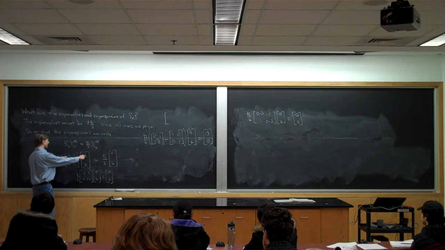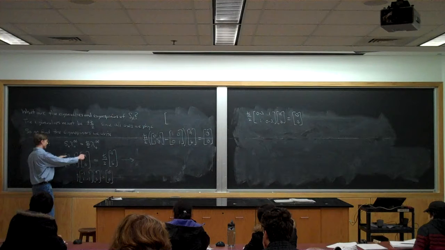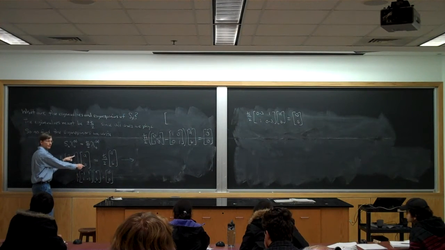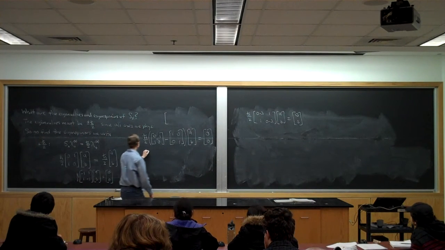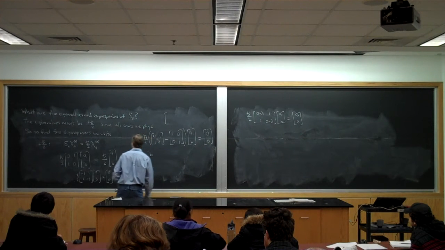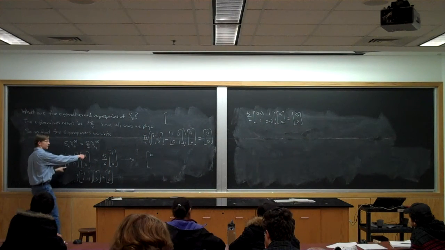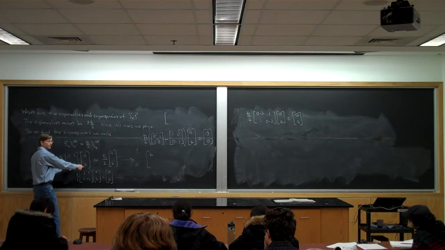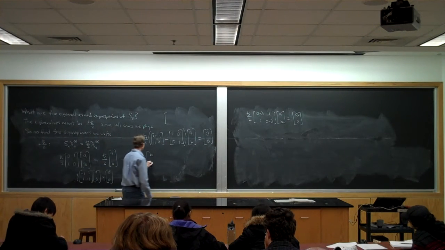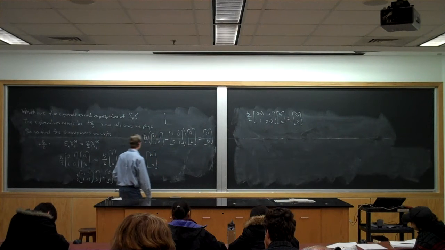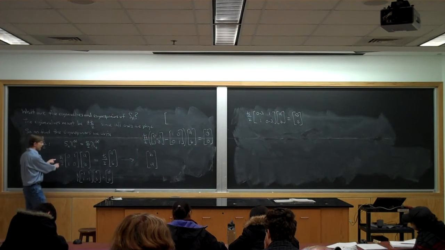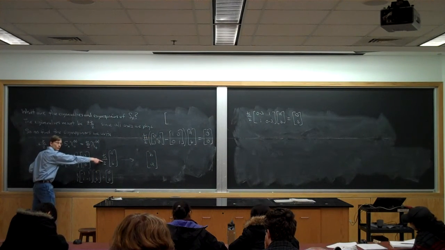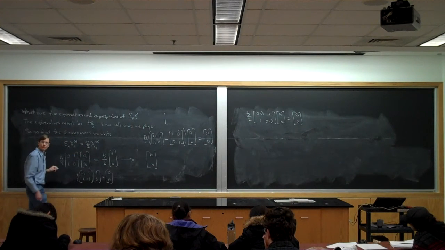Yeah, I get B on top because I get 0 times A plus 1 times B. And on the bottom, what do I get? A, because I get 1 times A plus 0 times B. So I get B on top, A on the bottom, times h bar over 2, but there's h bar over 2 on both sides, so that's going to cancel anyway.